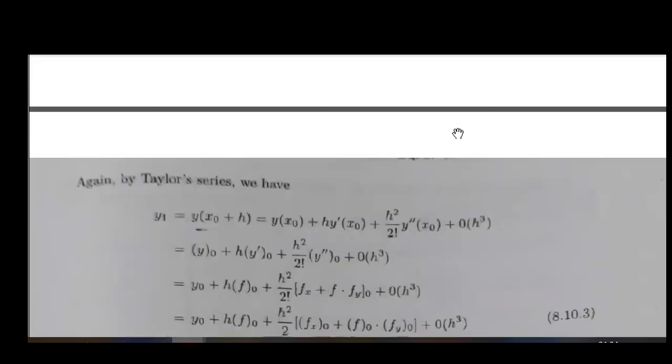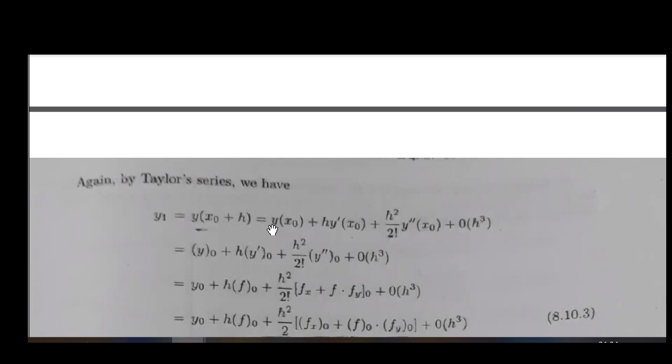Now, if you use the Taylor series expansion, at the point x0 plus h you can expand like this. I confine myself up to h squared. I'm not considering the higher order terms, which will give the error. So I stop here.